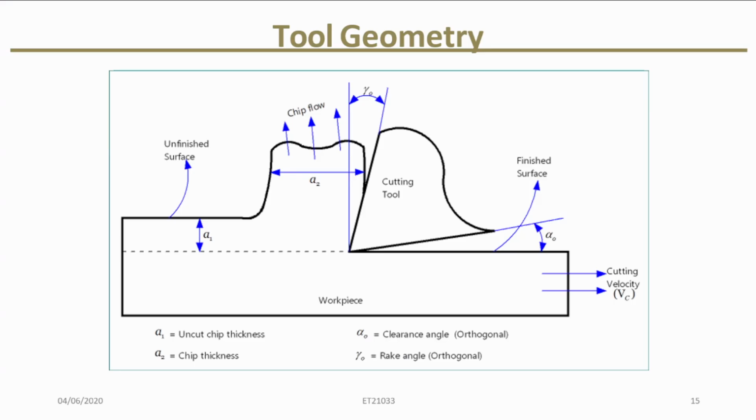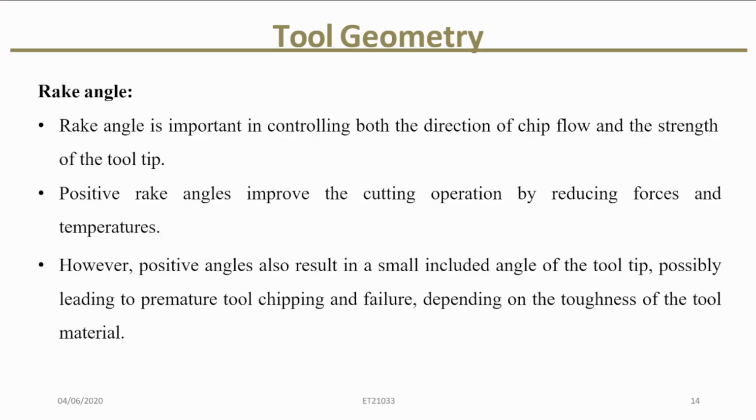Positive rake angles mean when we consider the x-axis, the angle on this side is the positive rake angle, and the angle that goes to this side is the negative rake angle. Positive rake angles improve the cutting operation by reducing forces and temperatures.